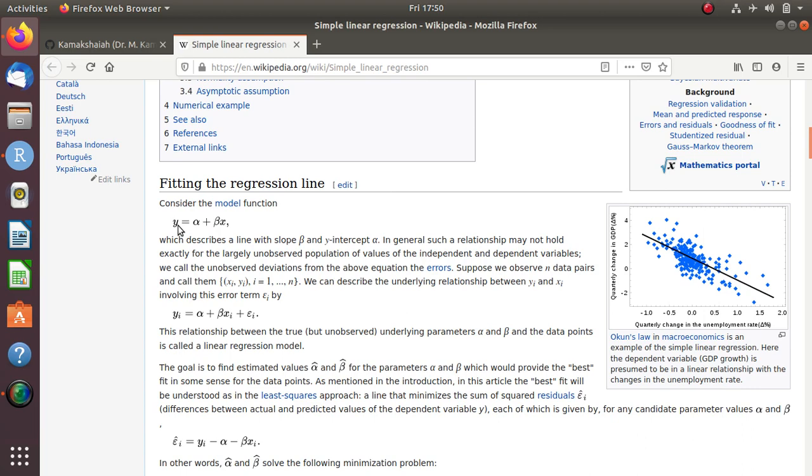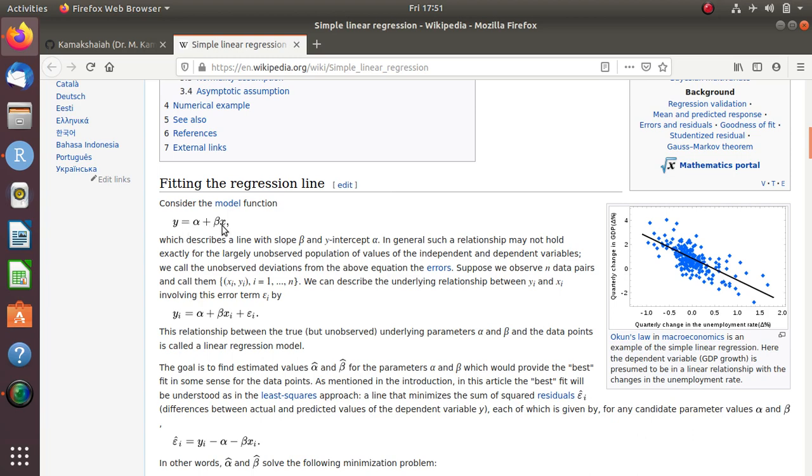You also call it regressor, and then alpha is a constant, beta is a coefficient, in other words we call it slope. There is a variable called x, which is a predictor. So y is a dependent variable and it depends on x, which is an independent variable.